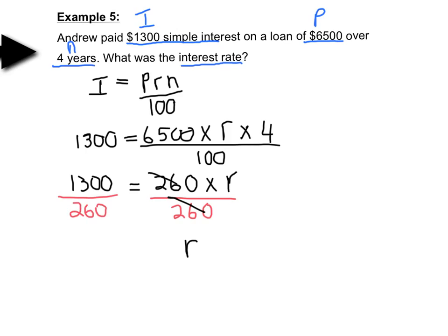And that gives me an interest rate of 5%. The number of time periods was in years, so my interest rate will also be per year, so it's 5% per annum.